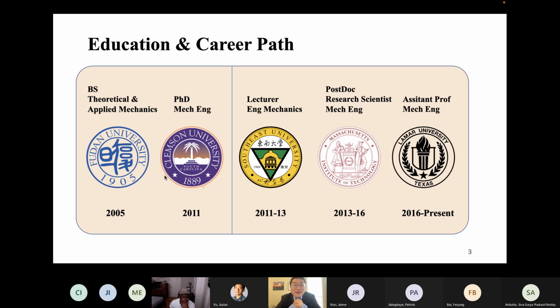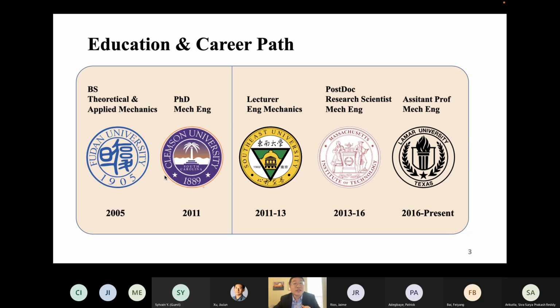So I was a faculty member at Southeast University for 2 years. Then I went back to the States, did my postdoc and research scientist work in MIT mechanical engineering. In 2016, I got my assistant professor position at Lamar University.